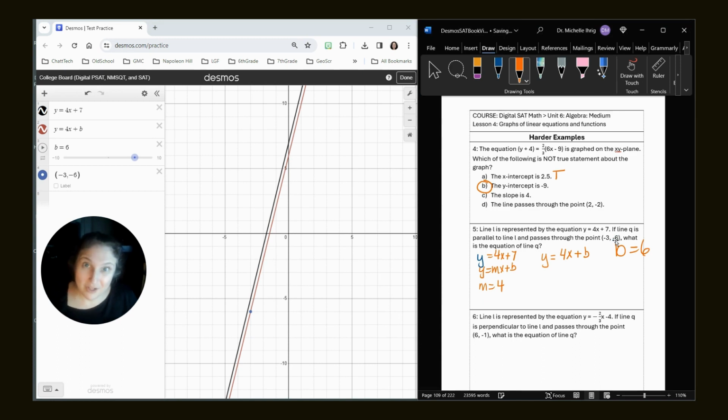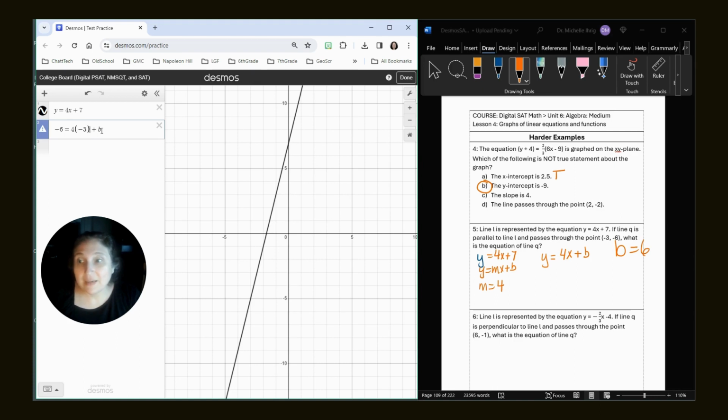We're going to use the slider function a lot, but let me now show you how you can do it if you don't use the slider tool. We'll take this out, and instead of having the letter y, we're going to type in -6, because y stands for -6. Instead of having x, we're going to put in -3, and we need to get b.